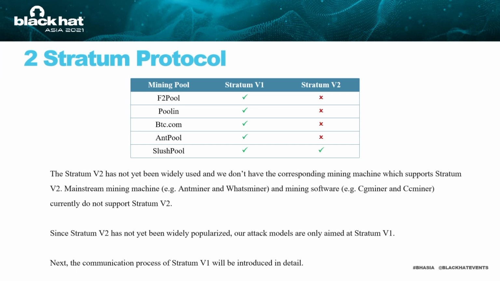And mainstream mining machines and mining software currently do not support Stratum version 2. So our attack schemes are only aimed at Stratum version 1. Next, I will introduce the communication process of Stratum version 1 in detail.